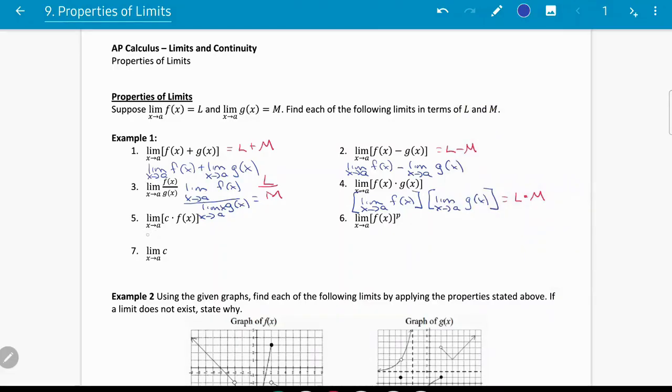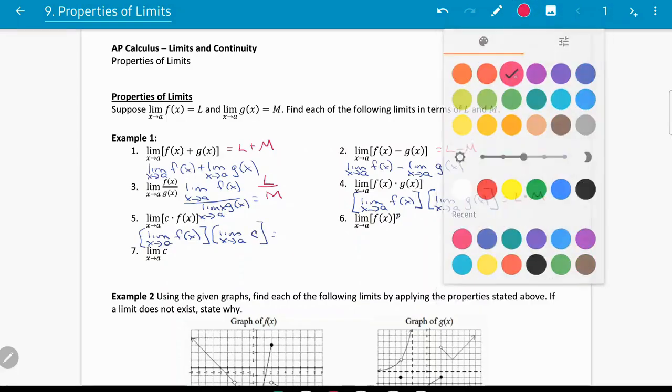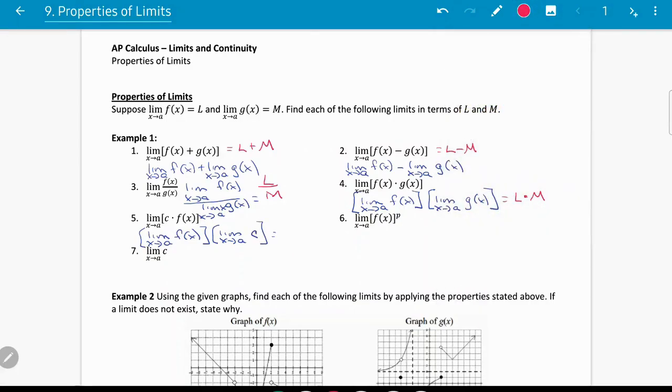So using that property, we have the limit as x approaches a of f of x times the limit as x approaches a of c. The limit of f of x is L, and the limit as x approaches a of c is simply c. And so we have cL.